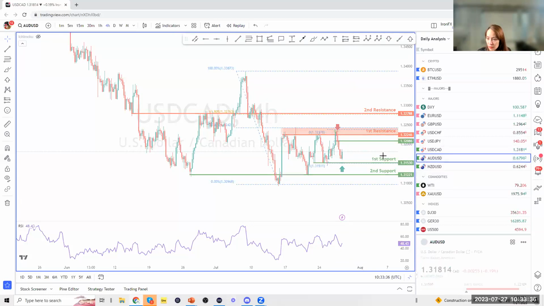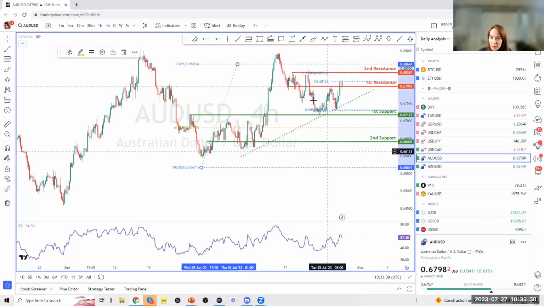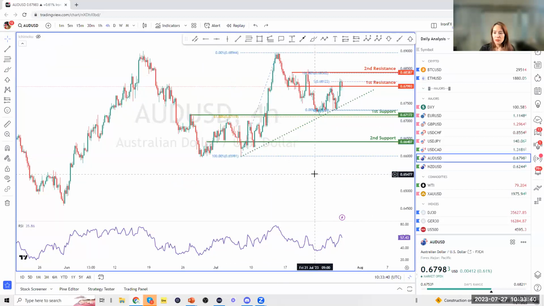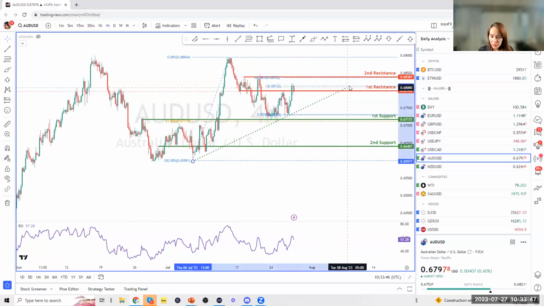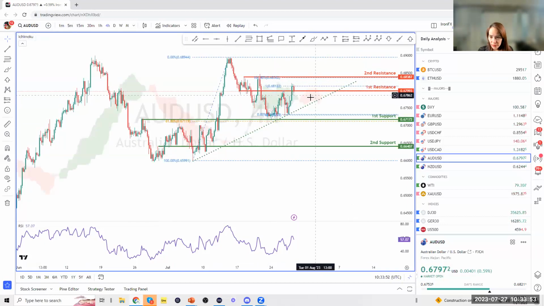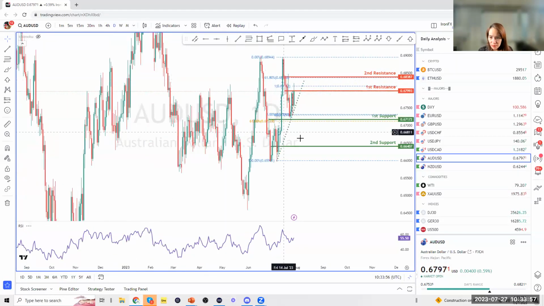Okay, let me look for this pair. Okay, we are in H4, and I think we do have the trend line here, meaning that price is still, to me, in an uptrend. What about the daily time frame?